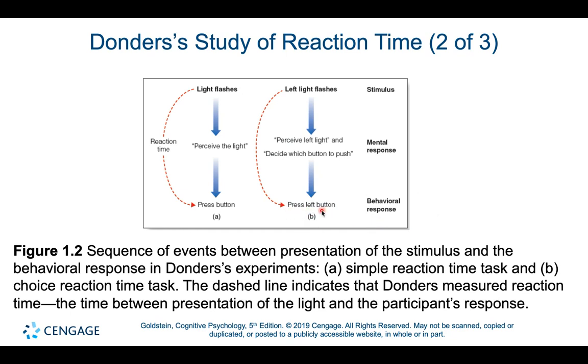And so this is going to be one of the problems of cognitive psychology, is that at the end of the day, we're presenting a stimulus up here, the light, and then we're measuring a behavioral response, and we're making assumptions about what's going on in the mind. We have to make assumptions about the mental response because we can't directly see it, touch it, feel it, or measure it yet.